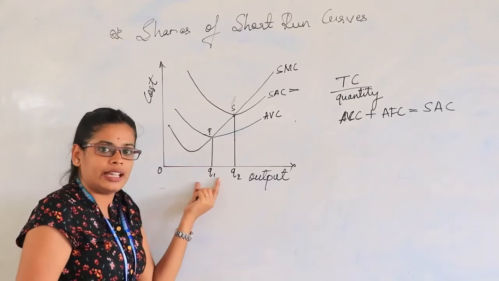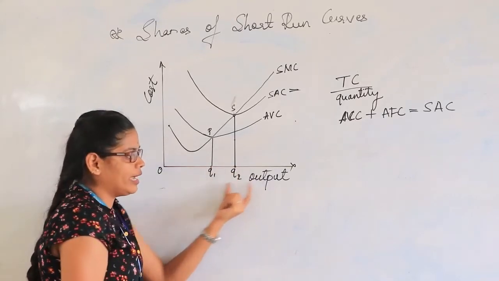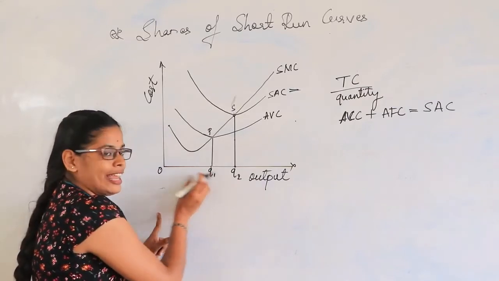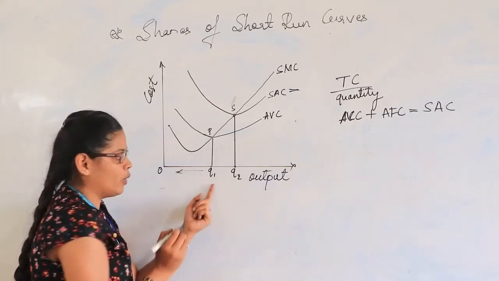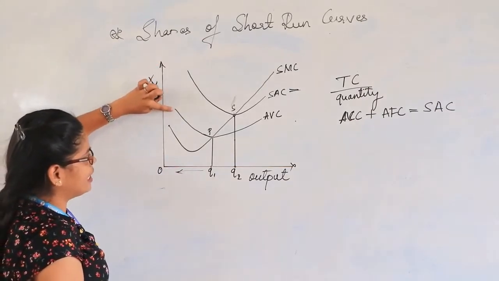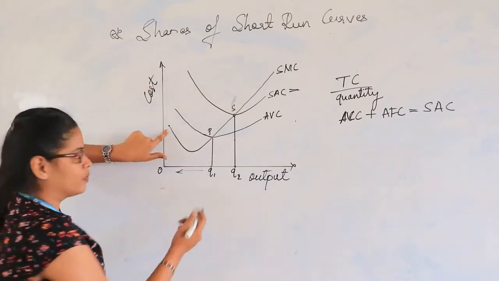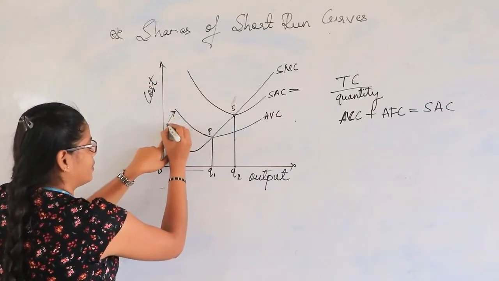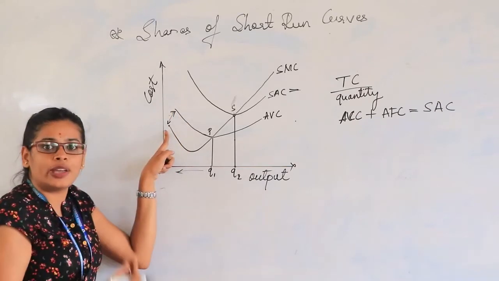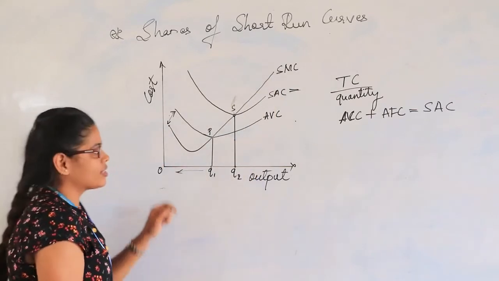Now coming to the Q1 and Q2 points. These are the points where we are talking about the output in quantities. You can see that towards the left of Q1, the AVC is greater than the SMC. You can see this change. So here the average variable cost is greater than the short run marginal cost.